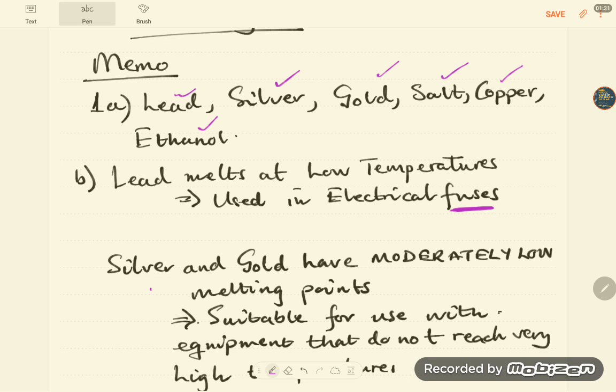At that point we normally hear like an explosive sound, and the circuit is broken where we have the lead fuse. Okay, so this protects your appliance in the process. So that's why lead will be suitable, because of the temperature at which it actually breaks. And depending on the appliances that you're using, they have different fuse ratings. Some can have 18 amps, some can have even more, some can have even less, depending.